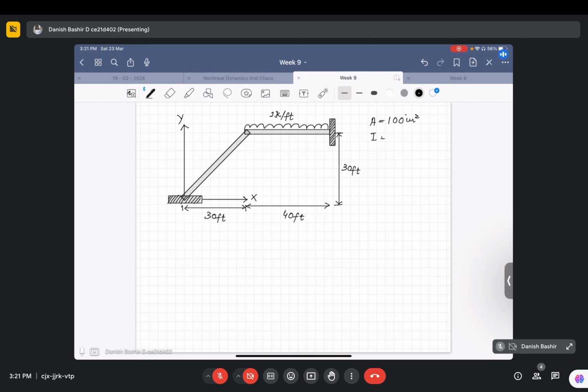I, the moment of inertia, is 1000 inch to the power 4, and E, the modulus of elasticity, is equal to 30 times 10 to the power 3 ksi. Okay, we have to analyze this thing. This is our problem today.